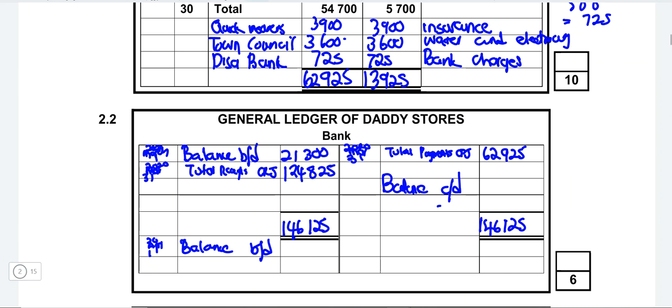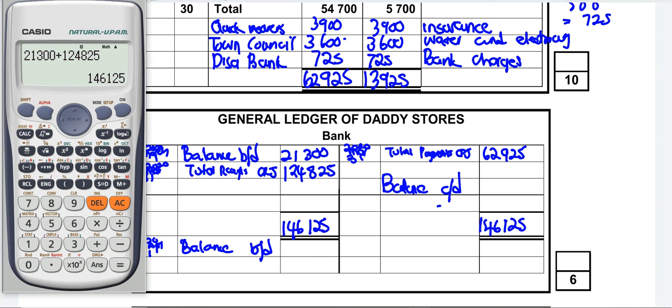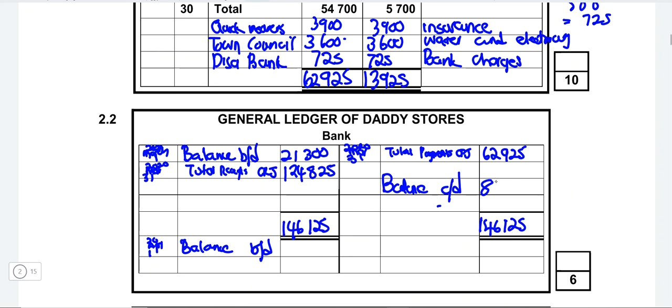So we're going to say 146,125 minus 62,925, and then the answer that we are getting is 83,200. So it's 83,200 here, and we also put 83,200 here. Then if you check the balance, remember this increases on the debit side and decreases on the credit side. So if you check the balance of the bank account, it is on the debit side.